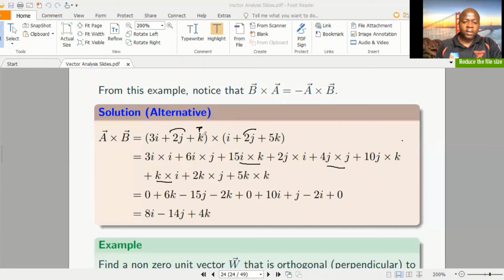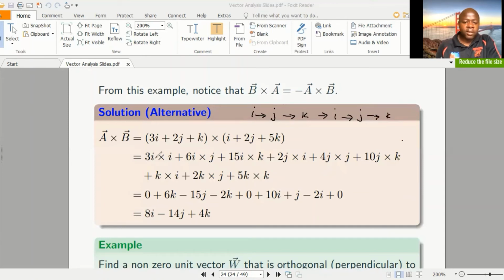Then lastly, k cross 5k, that gives me 5k cross k. From there, we'll use our easier way of multiplying i's, j's, and k's, where we say we would have i, j, k, i, j, k.